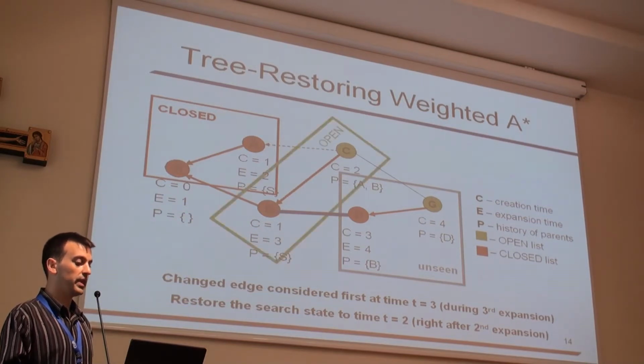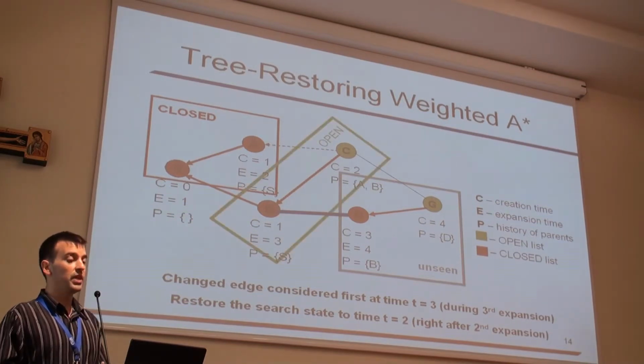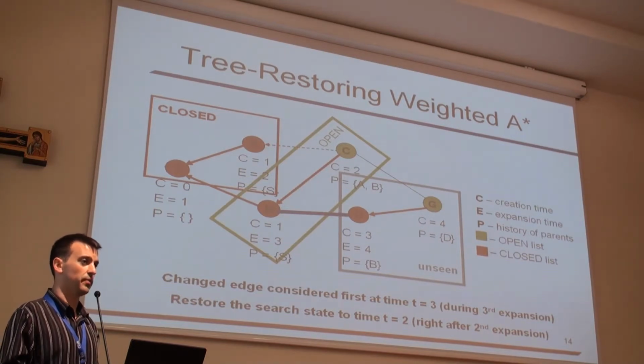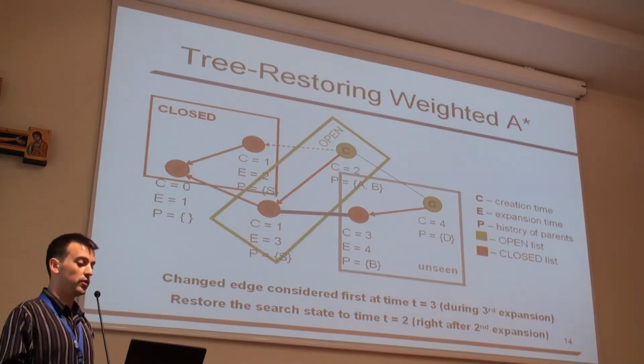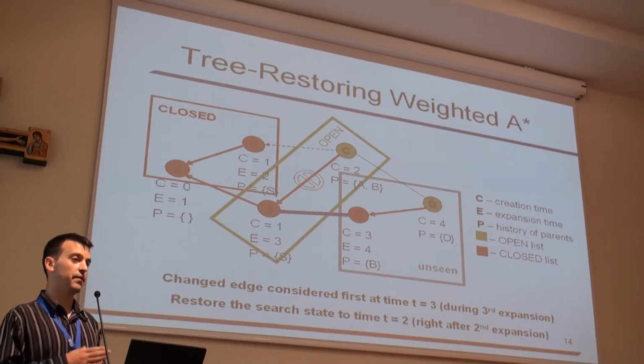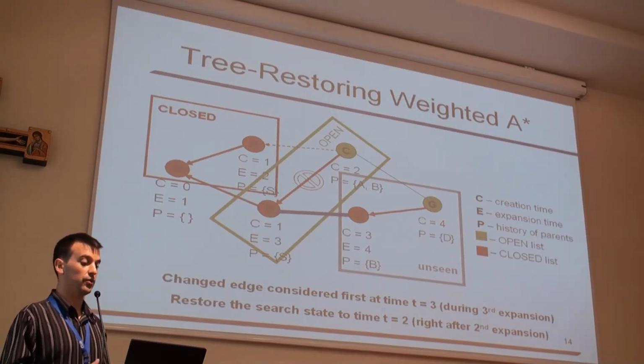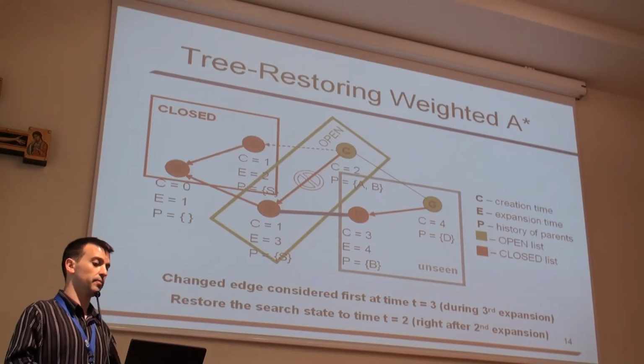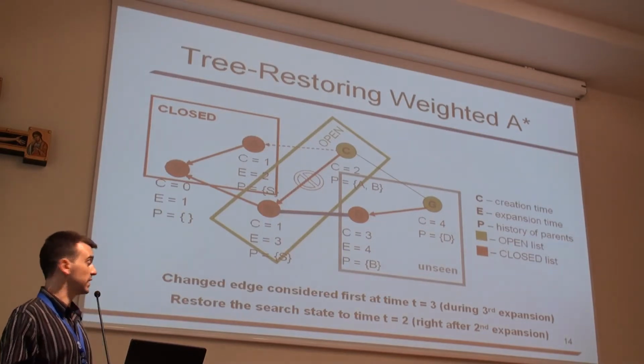And then B and C have been created but not yet expanded at time 2, which tells us that they must be on the open list. Also, B cannot be a valid parent of C at time 2, since B has not yet been expanded at time 2. So we have to go through the history of C and find A as the valid parent of C at time 2.